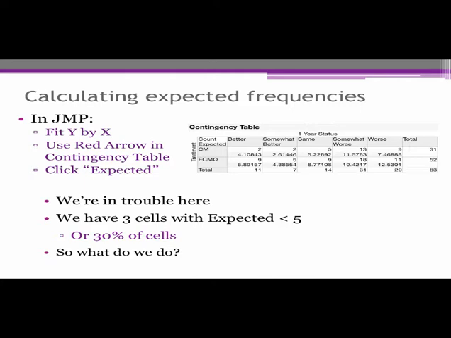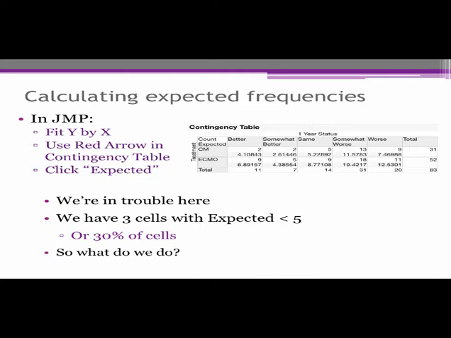And what you can see is that the CM better group has an expected of 4. Uh-oh, that's already 1 cell that's less than 5 expected. Right next to it, we have a 2.6. That's another cell that's less than 5. Continuing on in the CM group, we see the remainder of our expecteds are greater than 5.